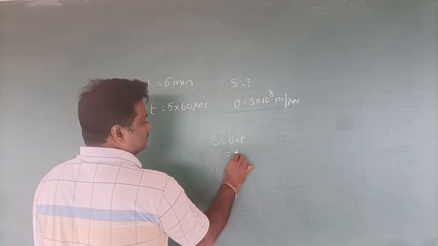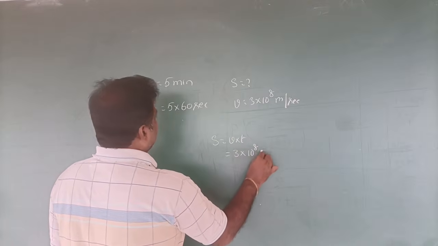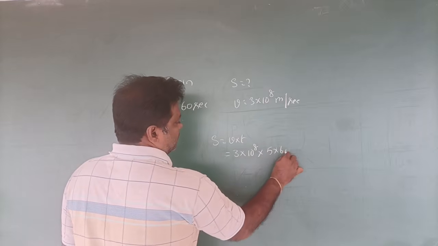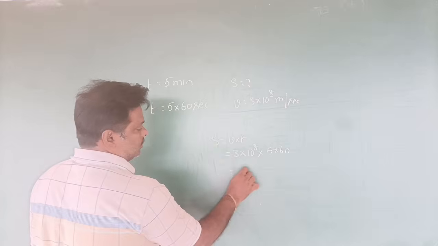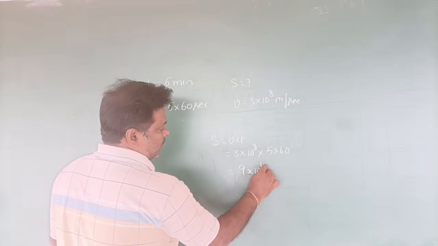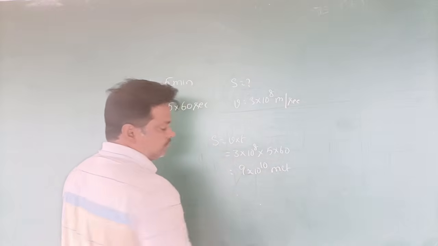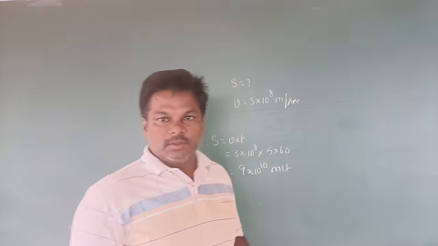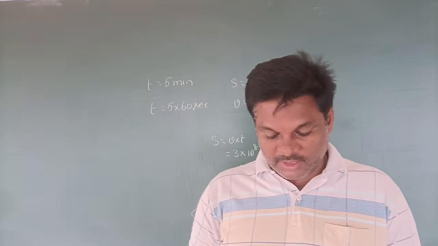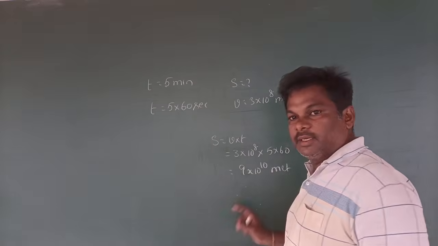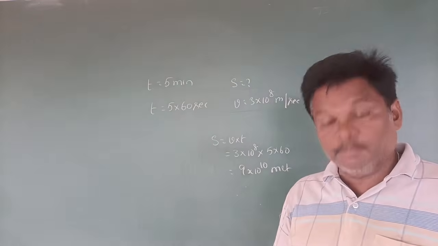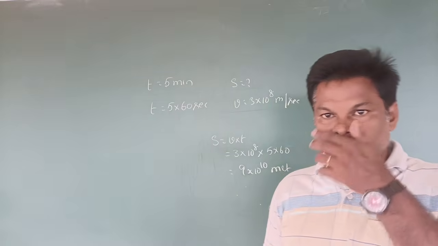Do the calculation: 3 into 10 to the power of 8 and 5 into 60, so 9 into 10 to the power of 10 meters. Later we have to complete this one. Your answer is 9 into 10 to the power of 10 meters, that is option number B.